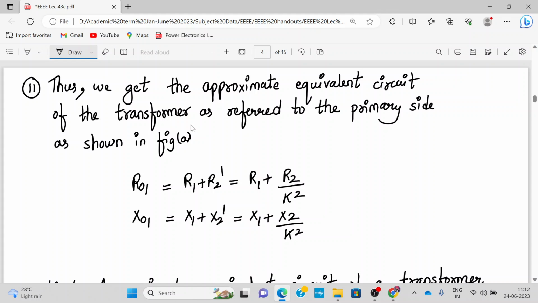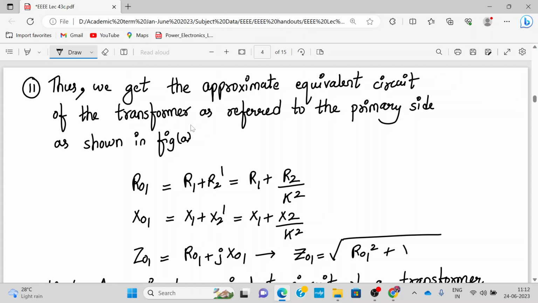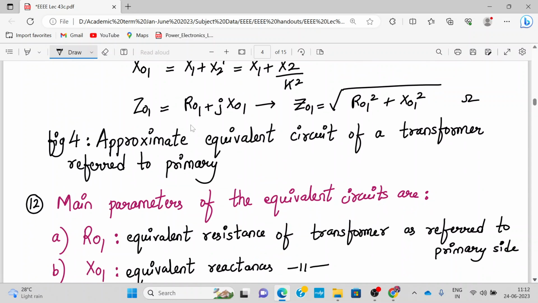And similarly, what will be ZO1? ZO1 will be RO1 plus j times XO1. And if I want to write the magnitude, ZO1 will be the square root of RO1 square plus XO1 square. So this is what the parameters mean.